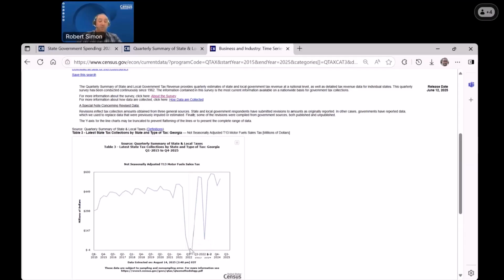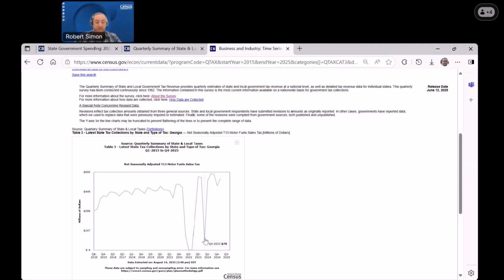So for almost 3 straight quarters in 2022, Georgia did not take in any revenue, and they missed out on about $750 million.